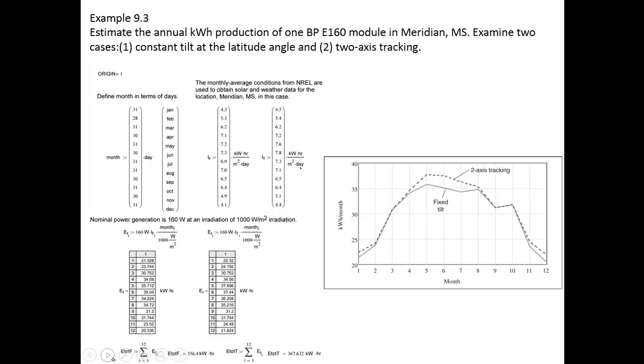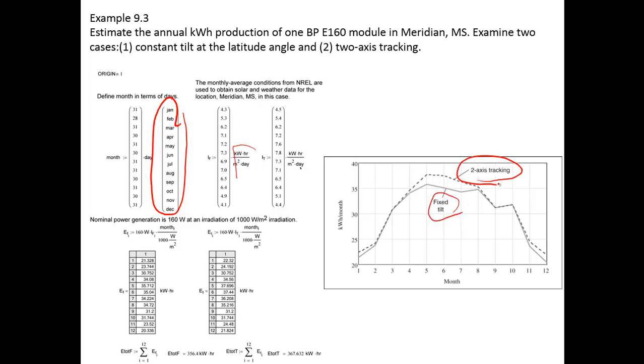Like we did in prior chapters, you look at the number of days in a month, and then the monthly average conditions from NREL, where you obtain some solar and weather data, looking at the kilowatt hour per meter squared day over the course of the month. You can actually figure out the production if you were to follow the sun either on a fixed tilt or on a 2-axis rotation.